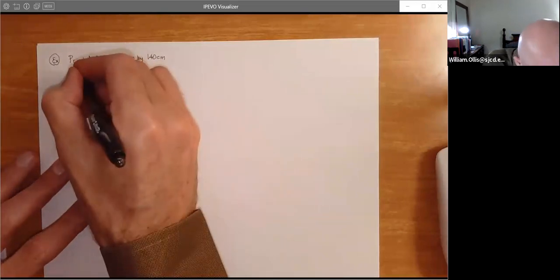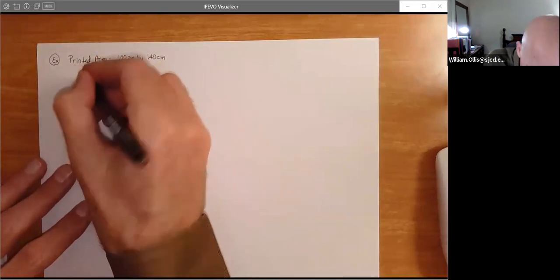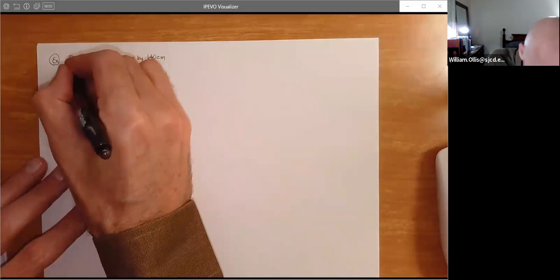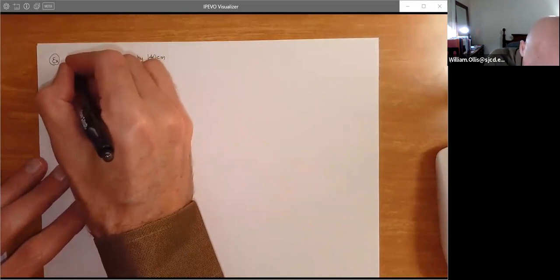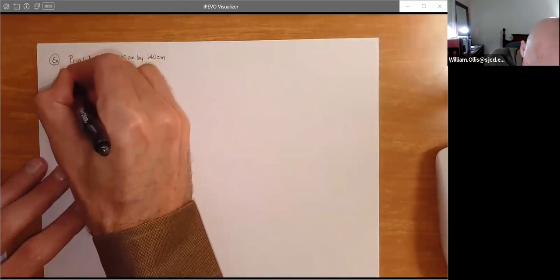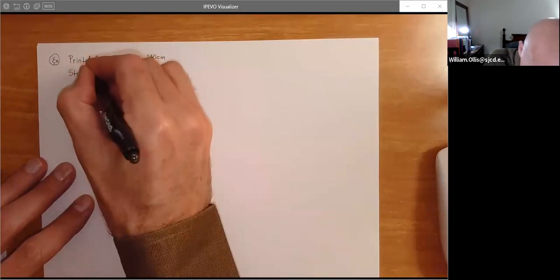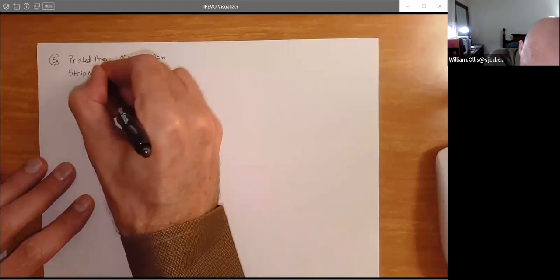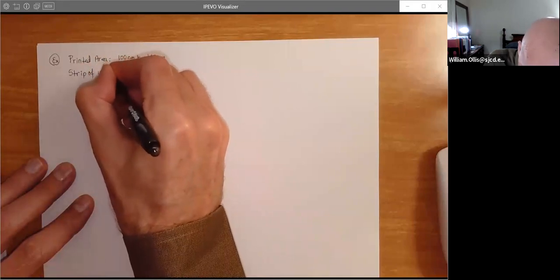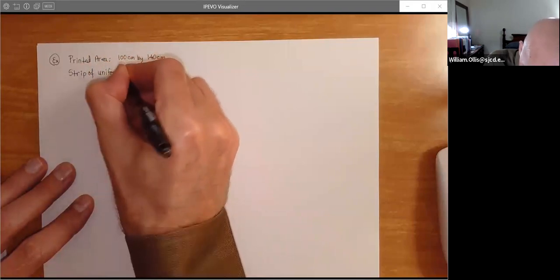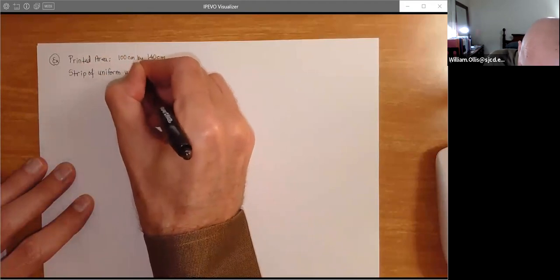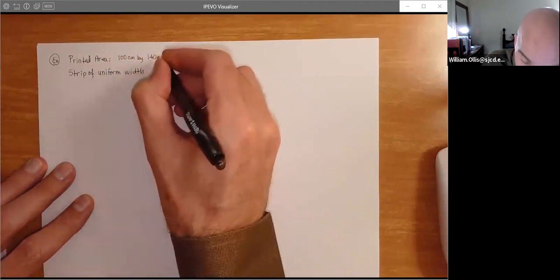And the poster, let's see here. Oh, and here's an additional. There's a uniform strip. Strip, I'll draw a picture. Strip of uniform width around the edges.